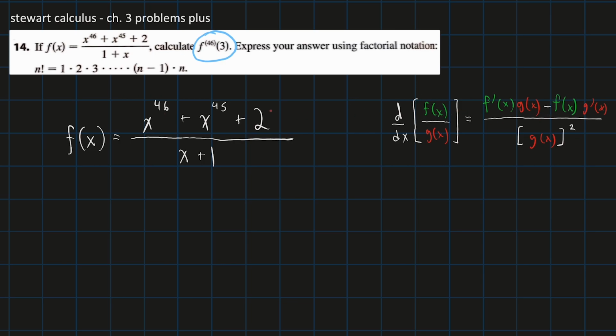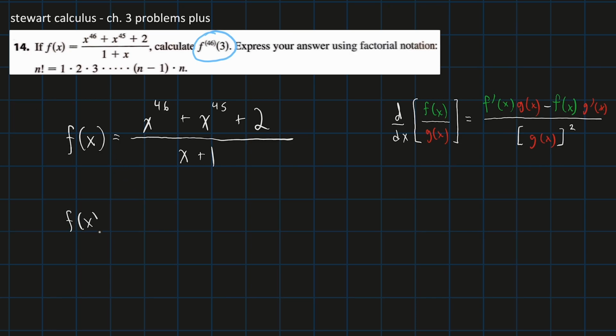But if you take the derivative of your numerator and multiply it by your denominator, subtract your numerator times the derivative of your denominator, and square your denominator, that's already going to get very messy. And then you have to do it another time, and then another time. And the problem with that is, first of all, there's a lot of algebra involved, and second of all, you may not see the pattern. So that's an indication that there might be some way to simplify f of x.